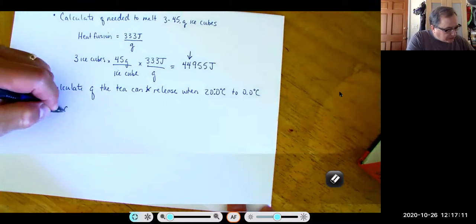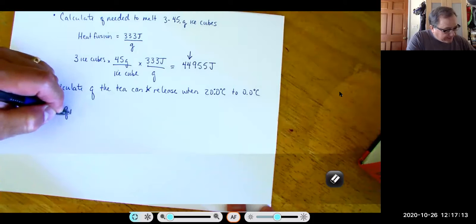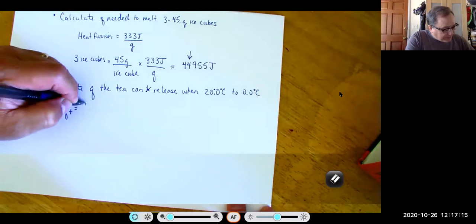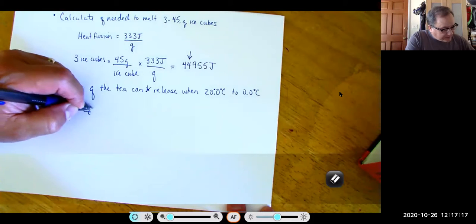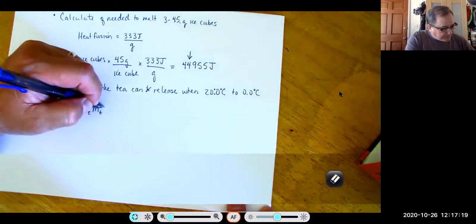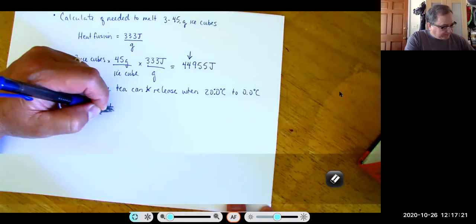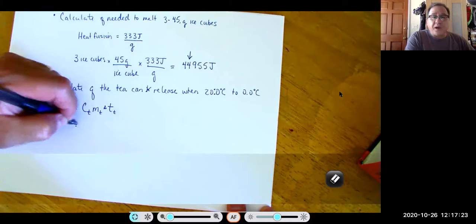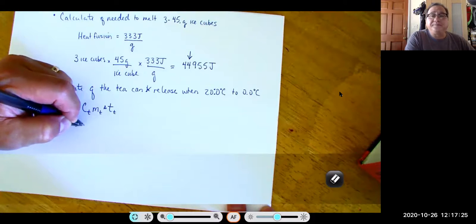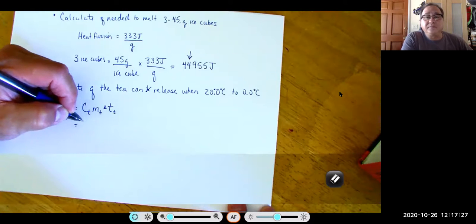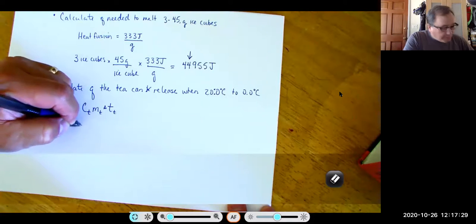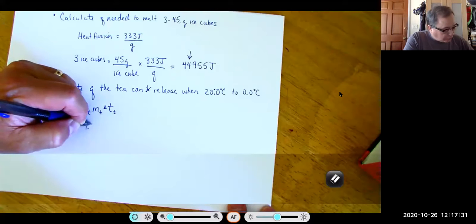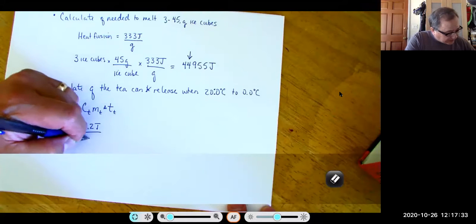So here the Q of the tea is equal to the specific heat capacity of the tea times the mass of the tea times the change in temp of the tea. Now this problem says that it's 4.2 joules per gram degree Celsius.